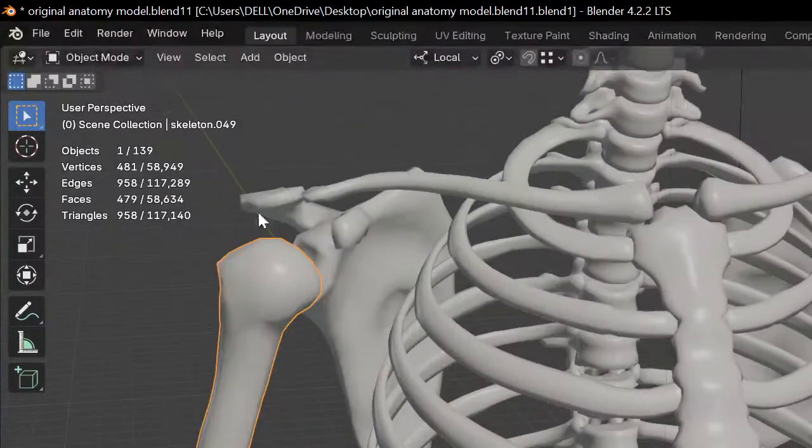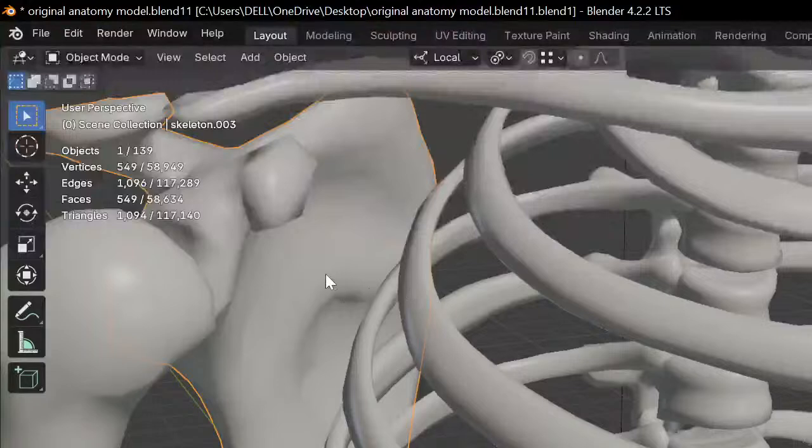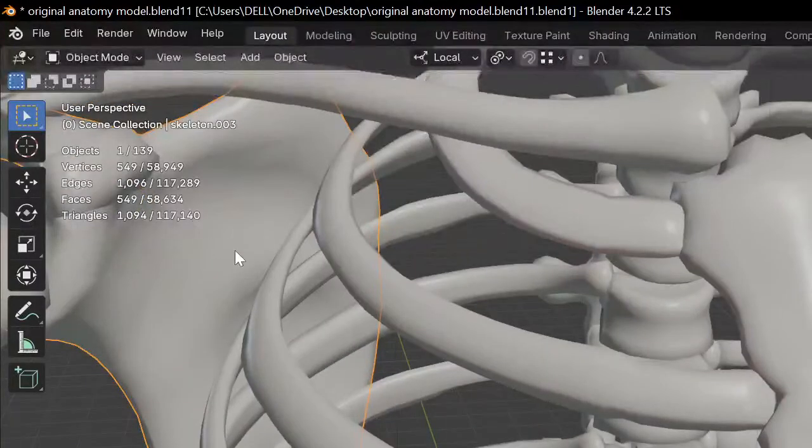So this bony prominence that lies above the glenoid cavity is known as the acromion process. So there's a coracoid process, there's the acromion process, then the anterior surface of the scapula, which is the point of origin of the subscapularis muscle.